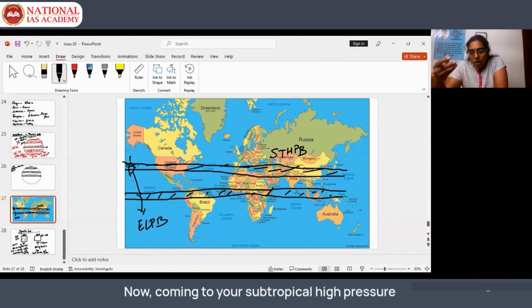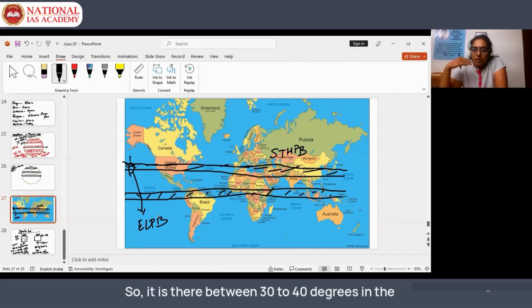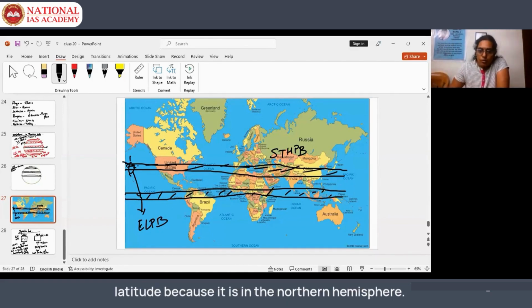Now coming to your subtropical high pressure belt, which is there between 25 to 35 degrees and it gets pushed by 5 degrees to the north. So it is there between 30 to 40 degrees latitude because it is in the northern hemisphere.